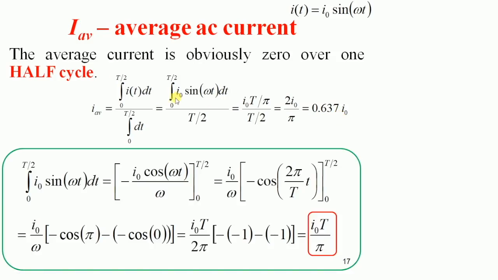So here, if someone likes to get into this integration, sine omega t dt over the limits 0 to capital T by 2, then you can understand that this integration is again minus cos of omega t upon omega over these new limits 0 to capital T by 2, and this time it is I0 capital T upon pi. This time it is not 0.